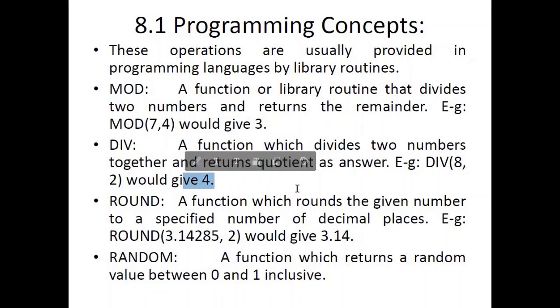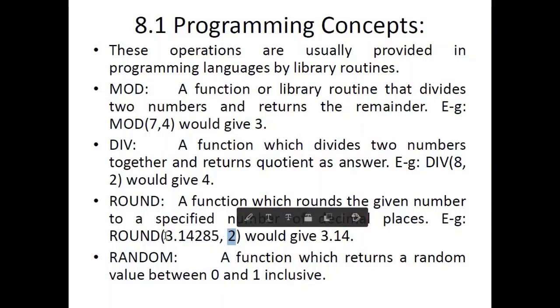Next we have round, a function which rounds the given number to a specified number of decimal places. For example, round 3.14285, 2 would give you 3.14. Whatever number you write over here, the program is going to round your given number to that many decimal places.